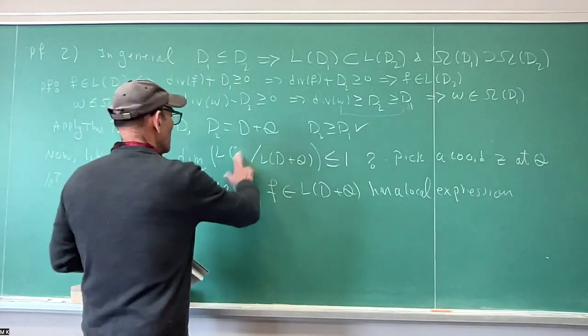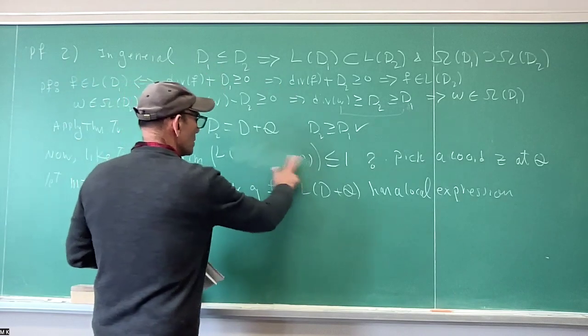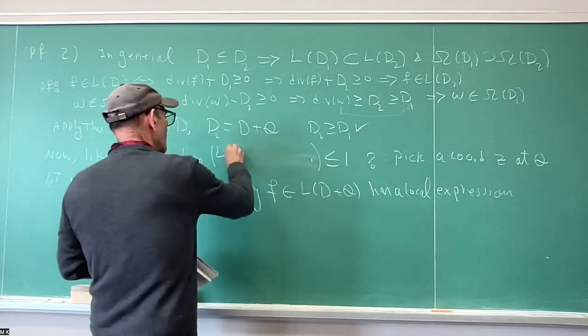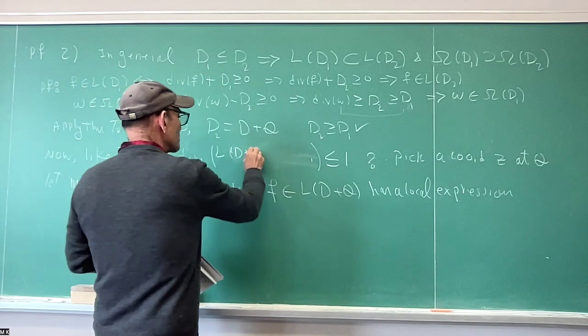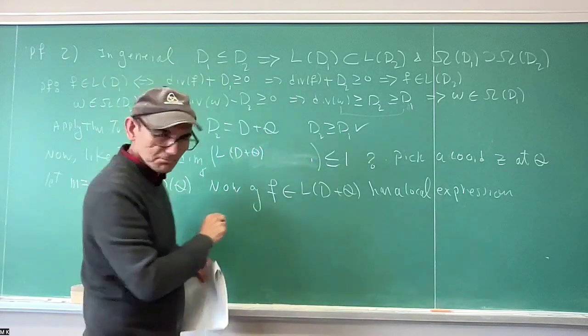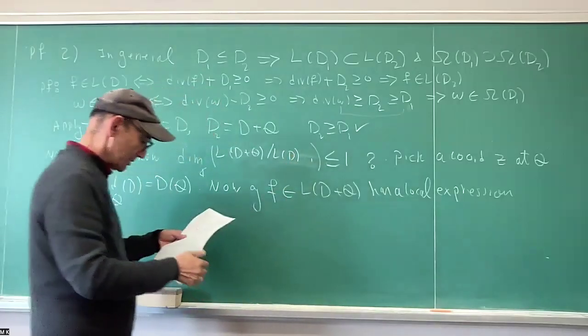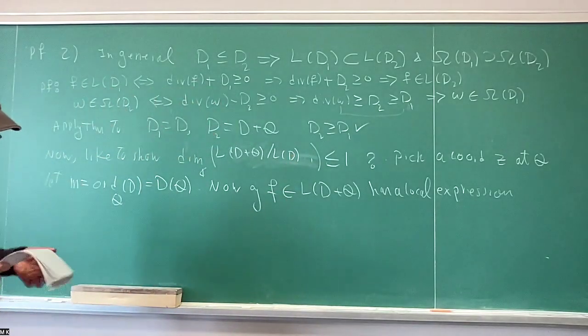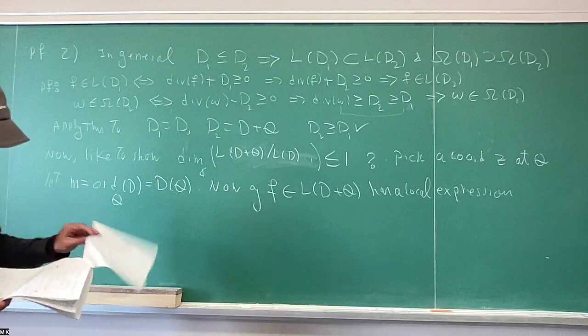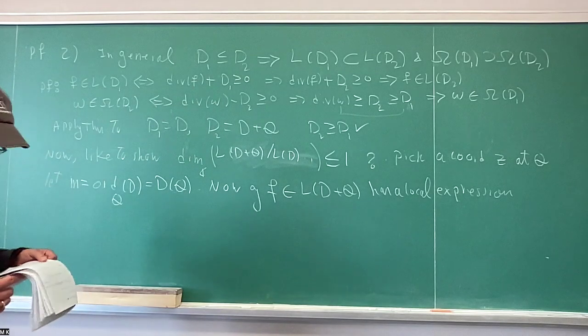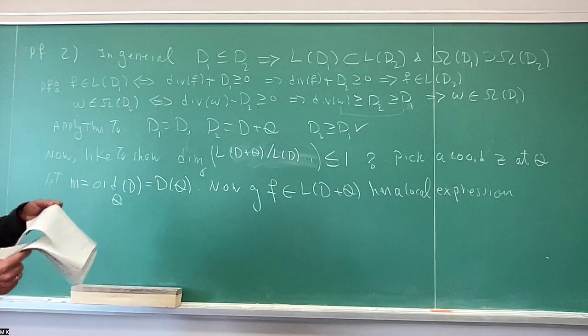It is L of D plus Q divided by L of D. In fact, I wrote it correctly here, I just made a mistake when speaking.